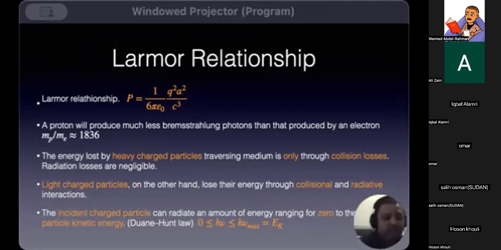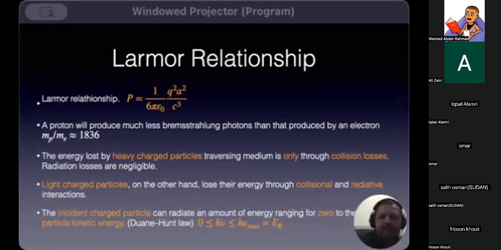They might produce neutrons, that's a different thing, contaminating neutrons, but I'm talking specifically about the Bremsstrahlung tail. It is absent when we're talking about radiotherapy with heavy charged particles like protons, alpha particles, or even higher. But the Bremsstrahlung tail is present when we use electron beams.